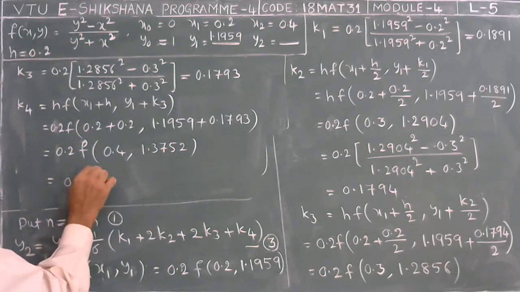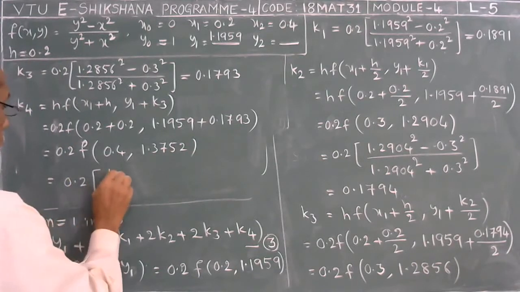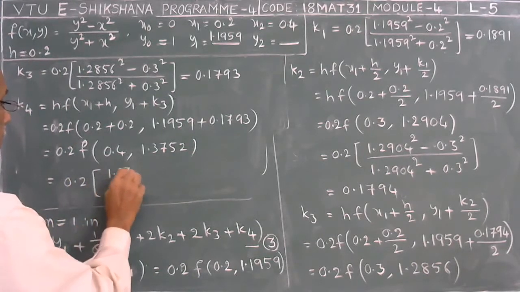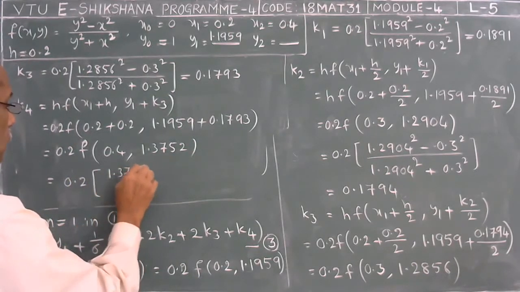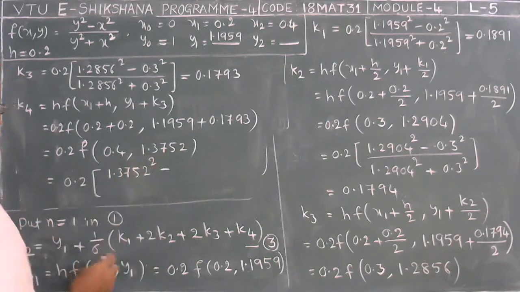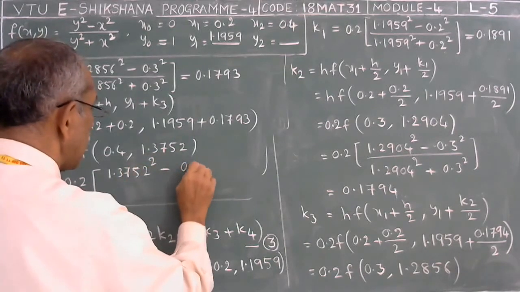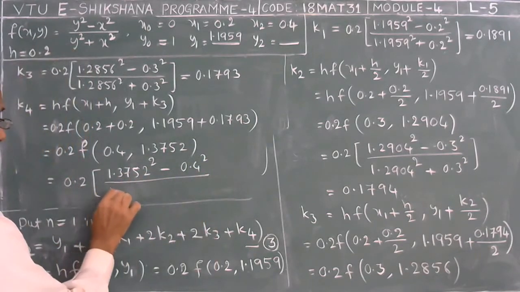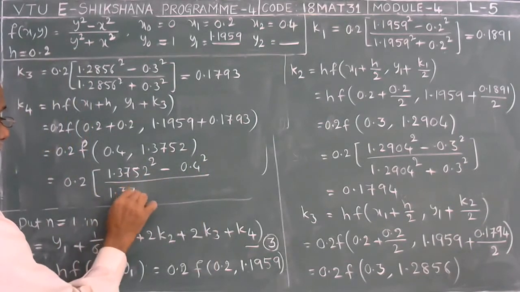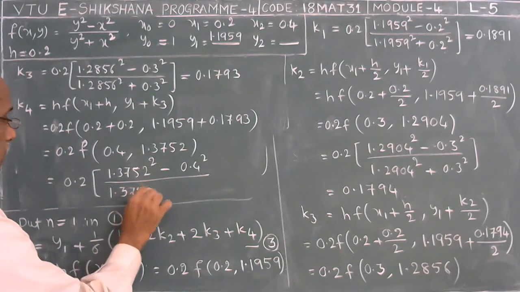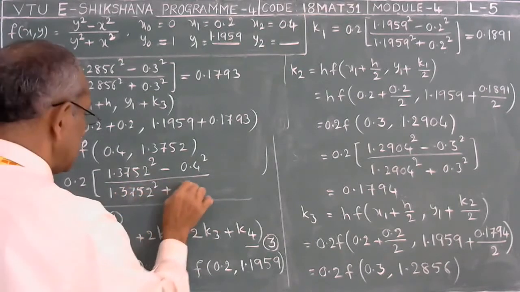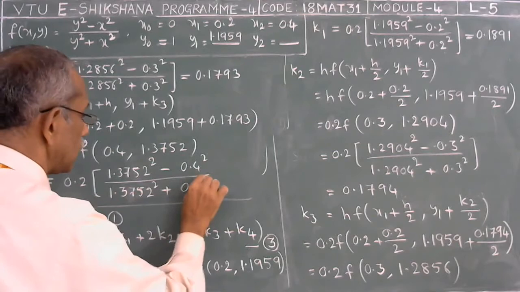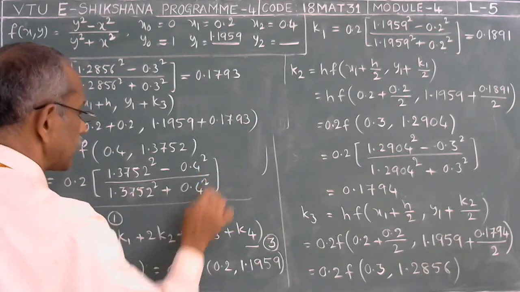So 0.2 into 1.3752 whole square minus 0.4 whole square divided by 1.3752 whole square plus 0.4 whole square.